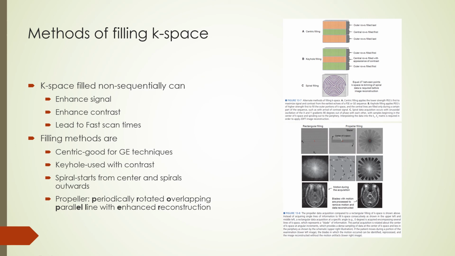Propeller is another method of filling K-space, which stands for periodically rotated overlapping parallel lines with enhanced reconstruction. In this method, the rectangular block of data is acquired and then rotated about the center of K-space and another block acquired. This is shown in the bottom image.